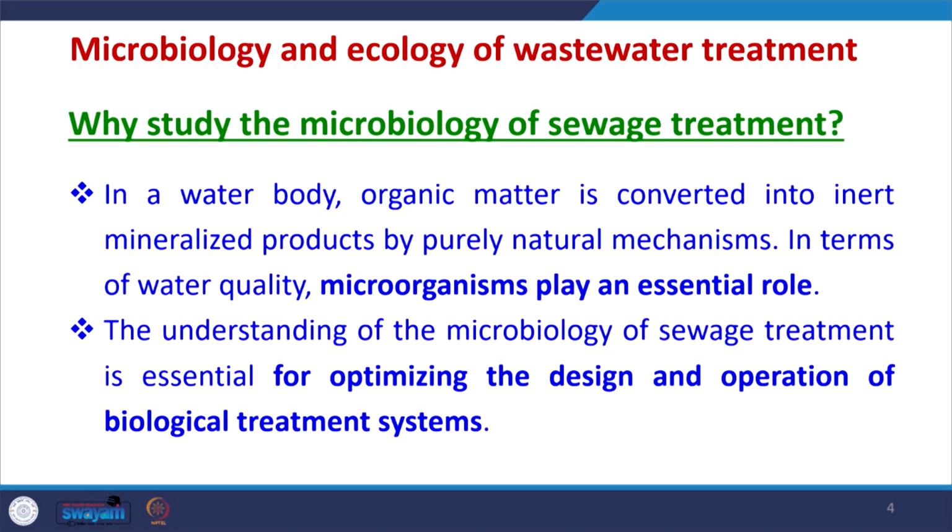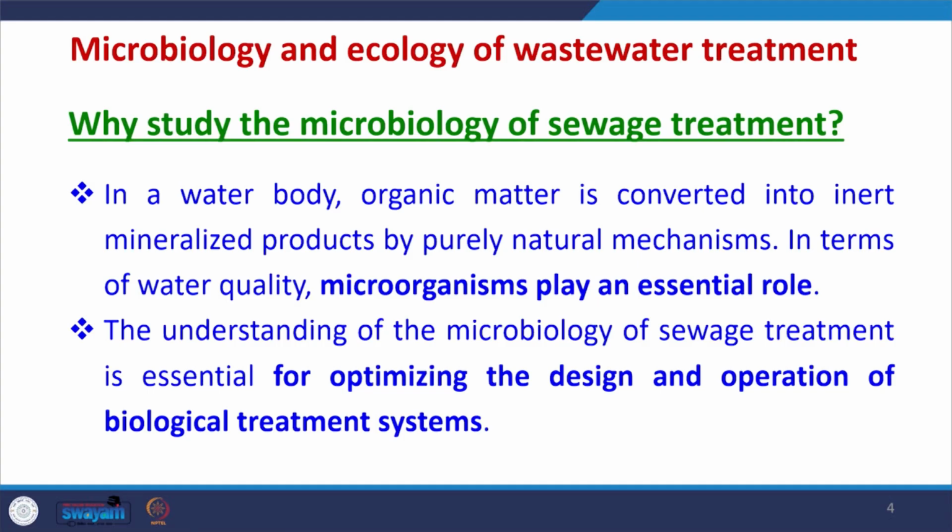Now, in the water bodies, organic matter is converted into inert mineralized products by natural mechanisms. So, in any water body, if we discharge anything or we excrete, all the microorganisms which are present in the natural environment will naturally convert that organic matter into inert mineralized product, plus CO2 and H2O.